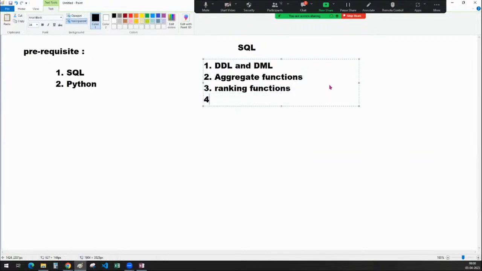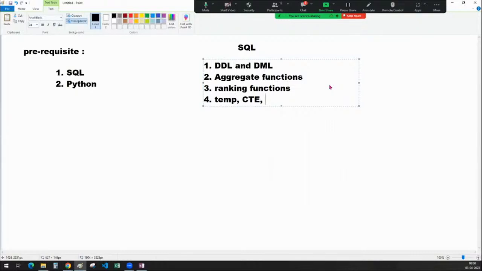The fourth thing is tables: there is a temp table and common table expressions, and there is also one more concept we focus on.